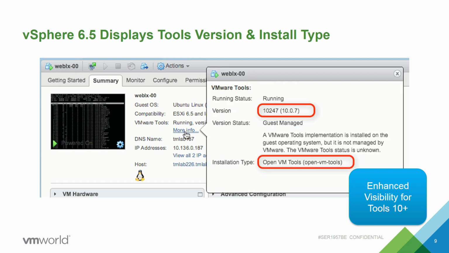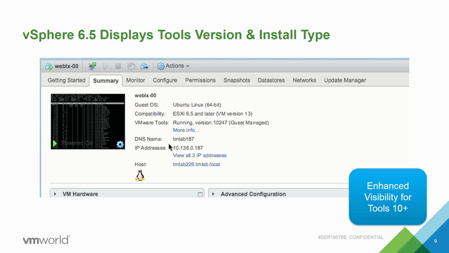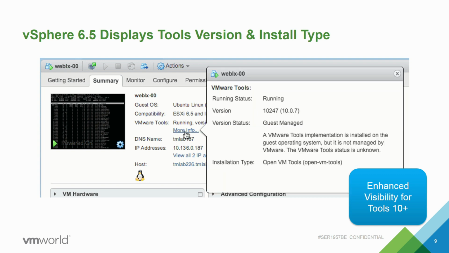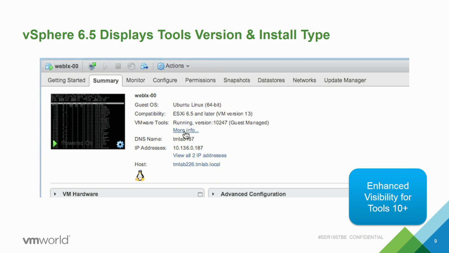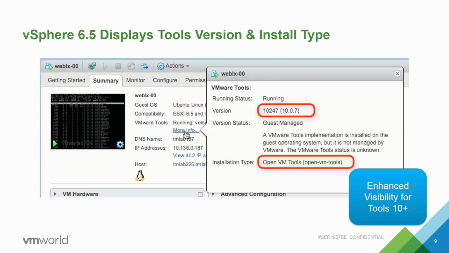Are they the tar tools? Are they package tools? OpenVM tools? And we'll tell you the version code, and we'll also tell you the more human-friendly version number. And that's for all the tools, Windows tools, etc. And so you don't have to look up that version code that we have been using in the past. So there's just a little bit more visibility there for you.